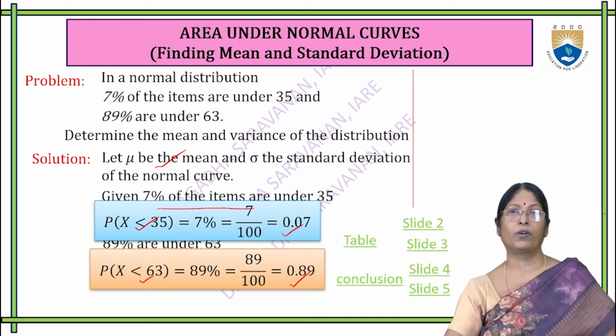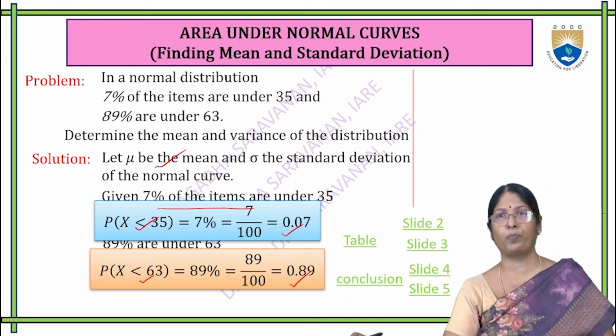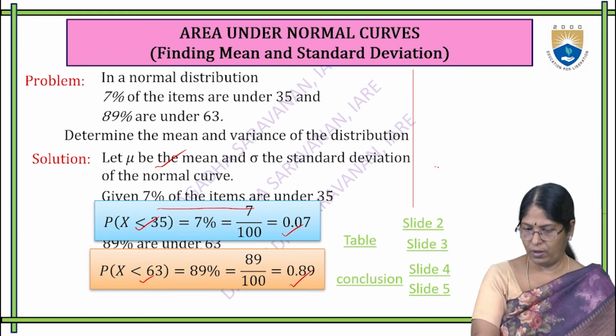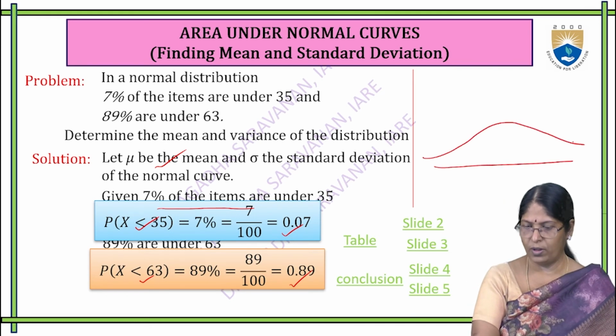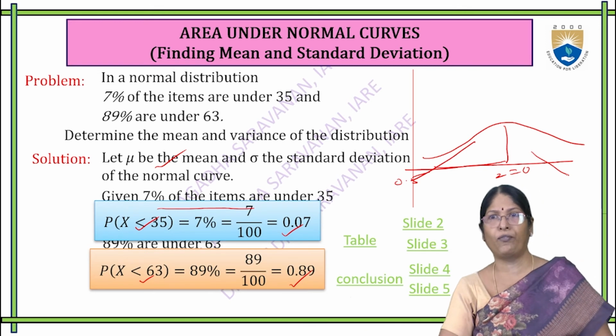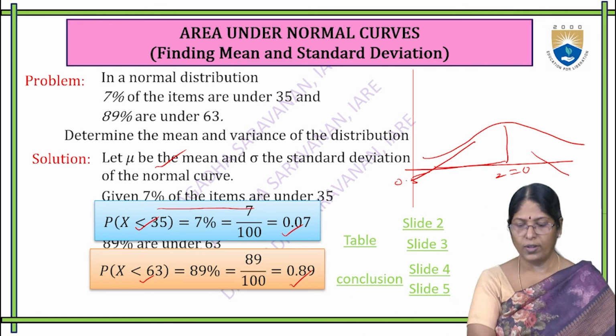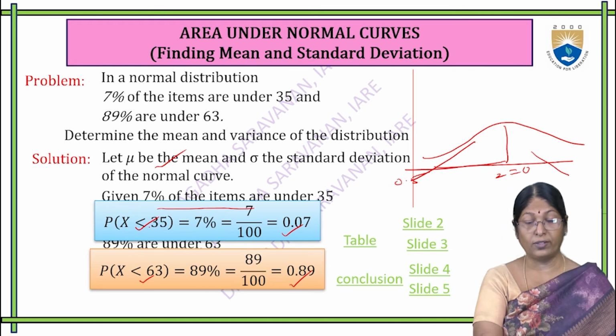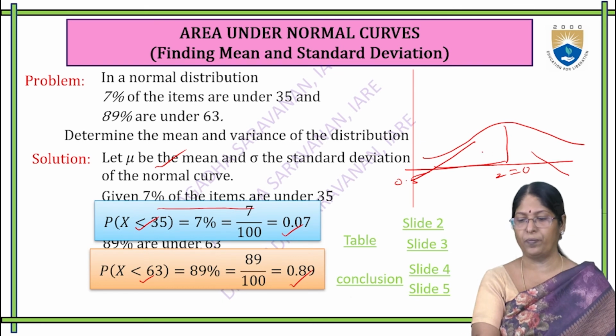This is really a very beautiful problem to understand the normal distribution concept very clearly. Here z equal to 0 is there, we know it. The area is 0.5 on one side, and this is also 0.5. Now 0.07, less than, so the left side area.